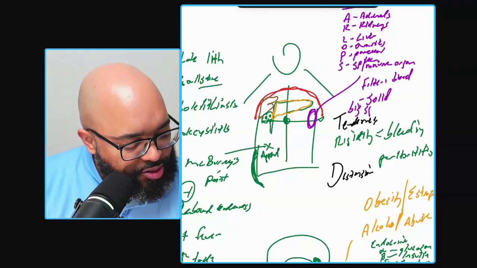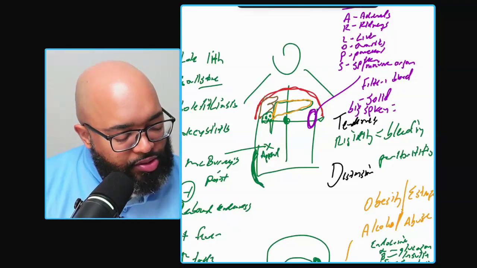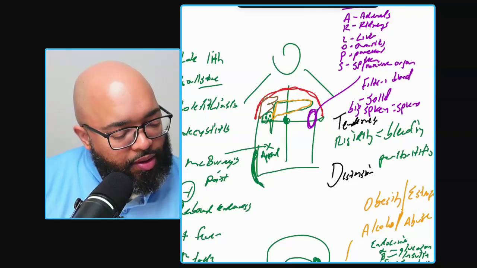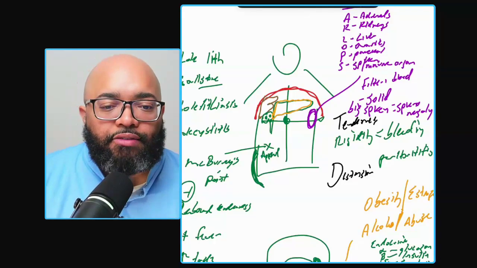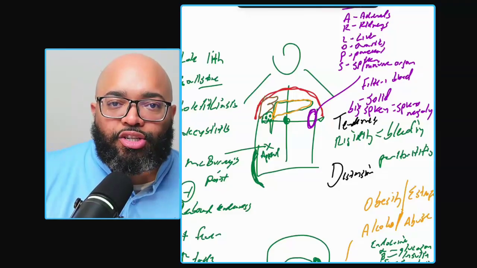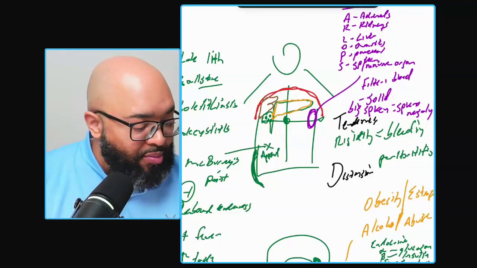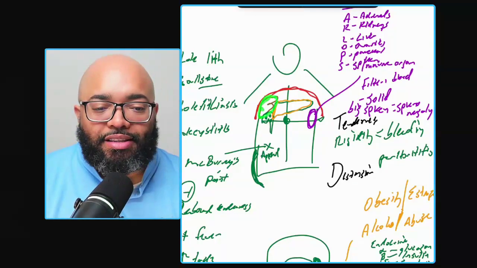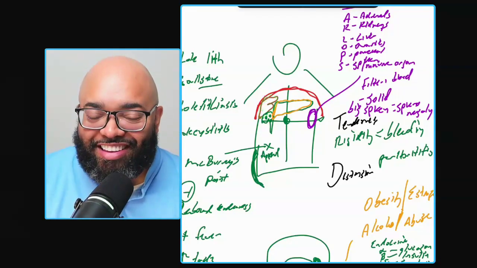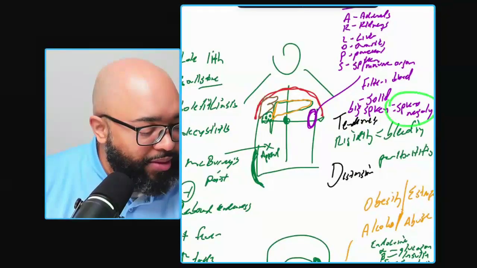Big spleen equals splenomegaly. Megaly means enlargement of, so splenomegaly is enlarged spleen. What is hepatomegaly? Hepato means liver. So hepatomegaly is enlarged liver.